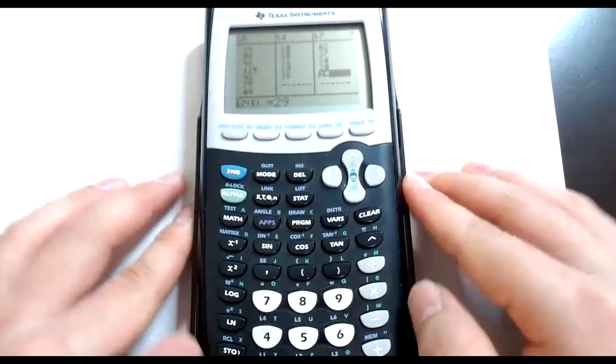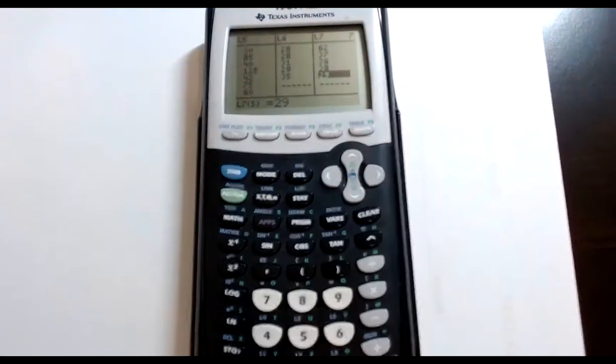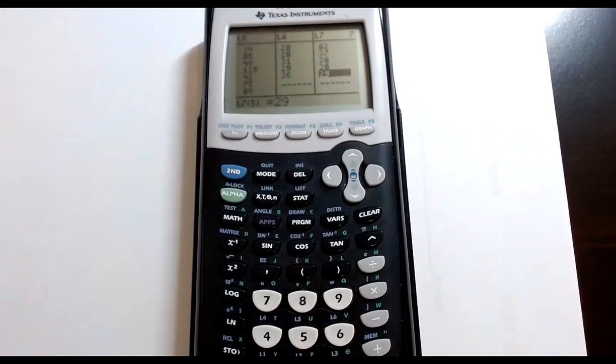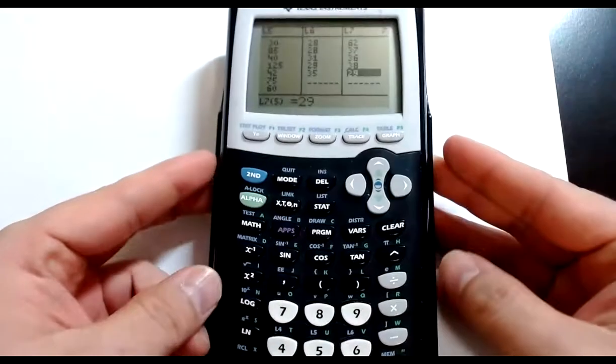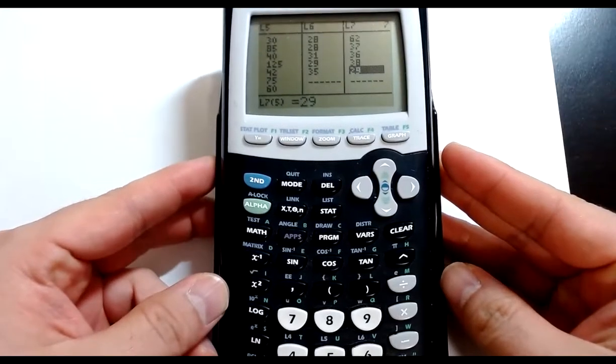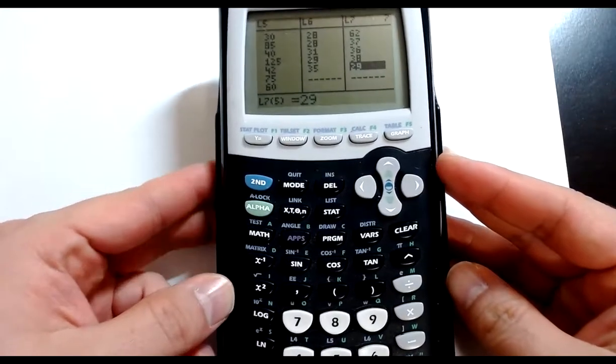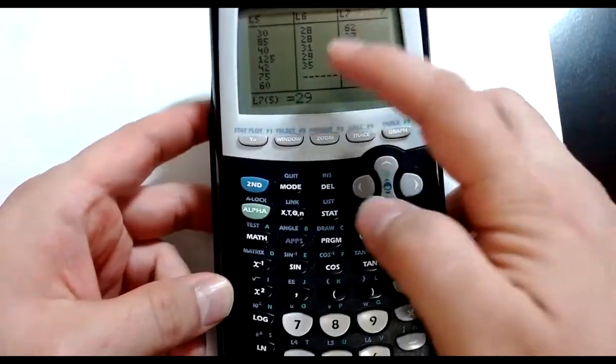First you need to enter the dependent samples. I entered the two data sets, the age of actresses and the age of actors, right here, in L6 and L7.